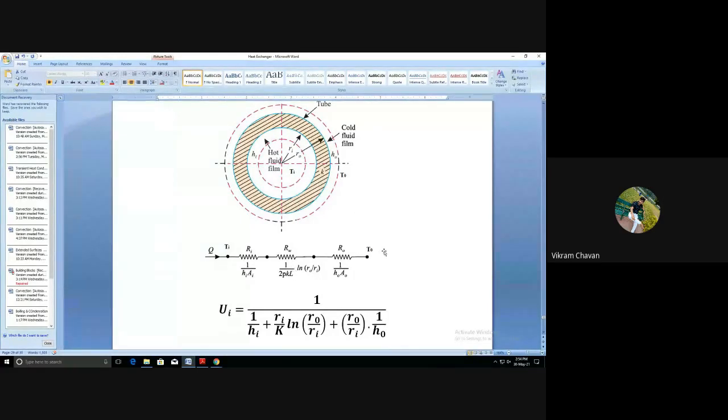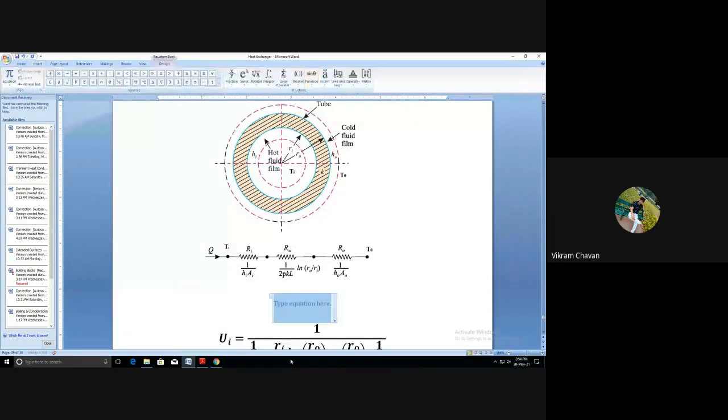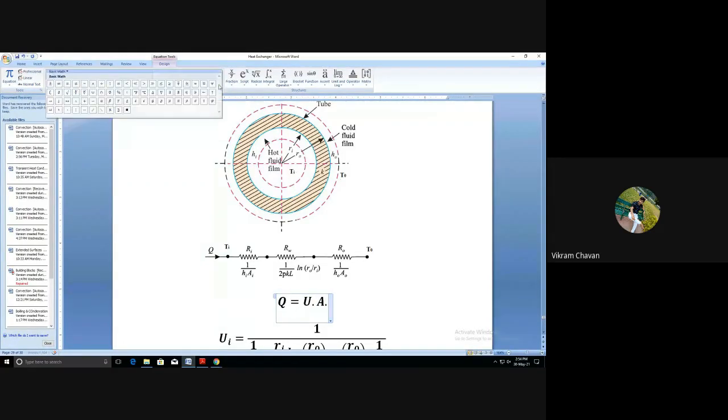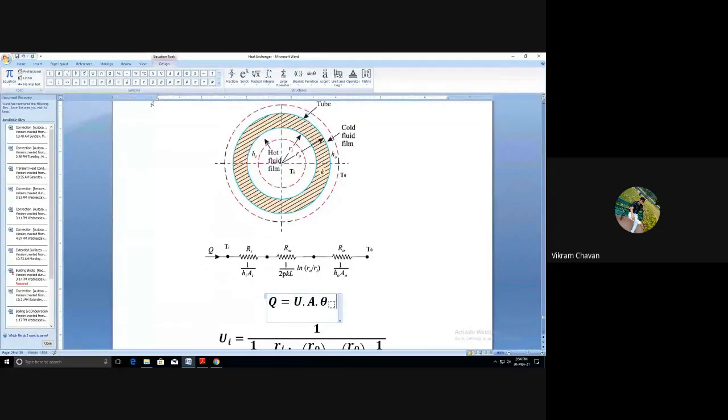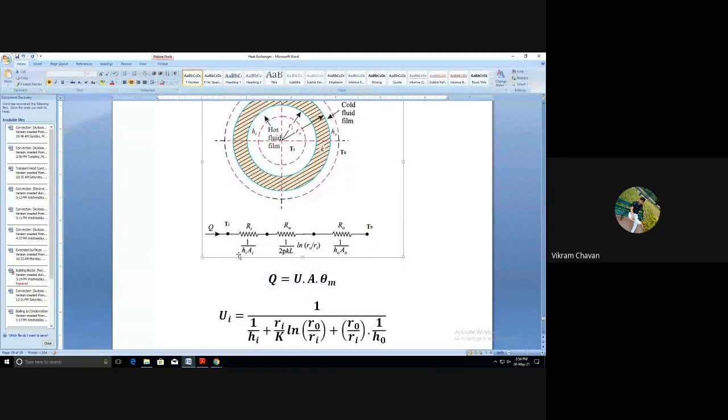But we know that Q is equal to U multiplied by A multiplied by delta T, or theta, if I consider theta m. Now we have to consider one of the areas.